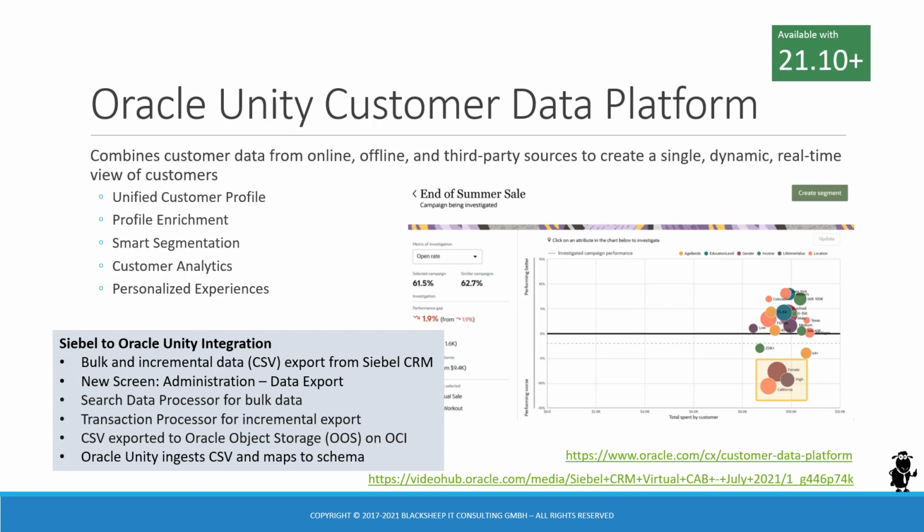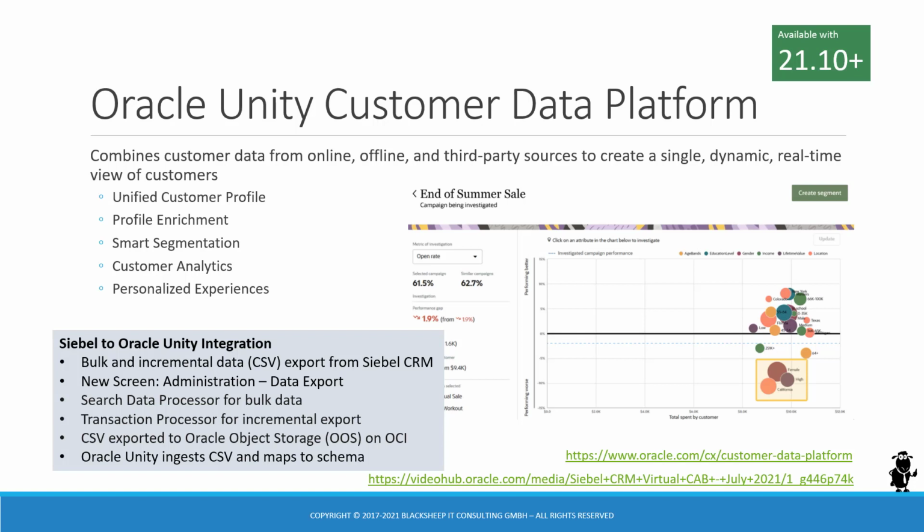So the integration with Oracle Unity is a great feature, and Oracle Unity Customer Data Platform, or CDP, combines customer data from any type of source, online, offline, third party, and it creates a single dynamic real-time view of customers. That's what the web page tells us.